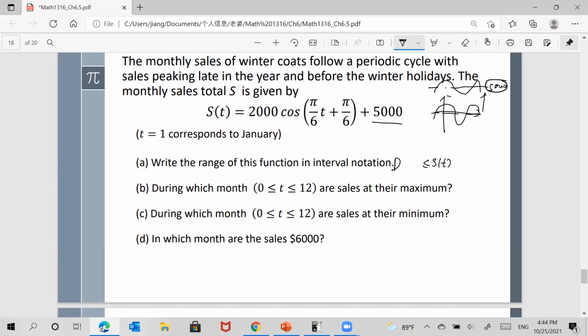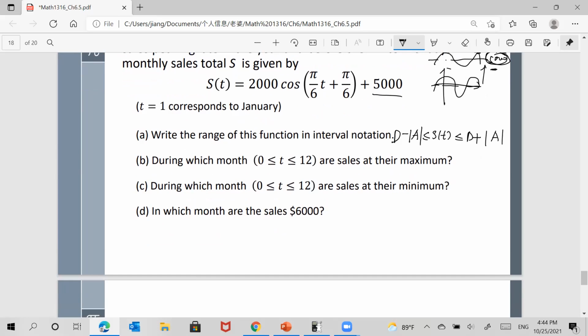That means based on 5,000, the maximum is d plus the maximum 2,000, a. Put absolute value of a here. So I got the maximum point and the minimum point, based on the 5,000 minus the absolute value of a. If you don't understand, you just memorize this formula.